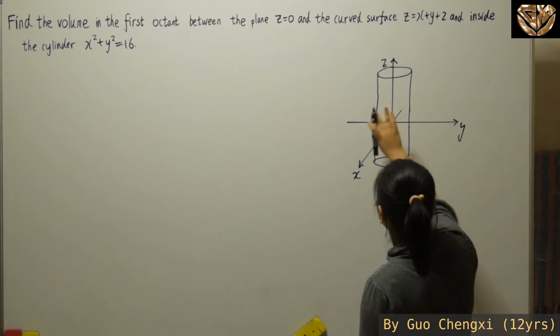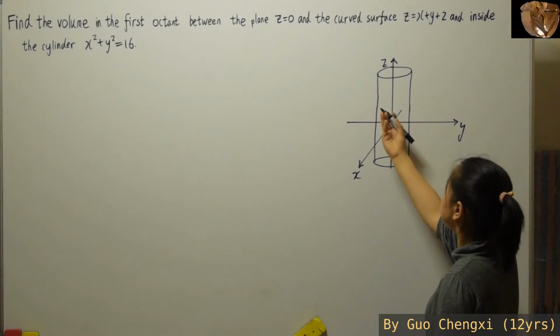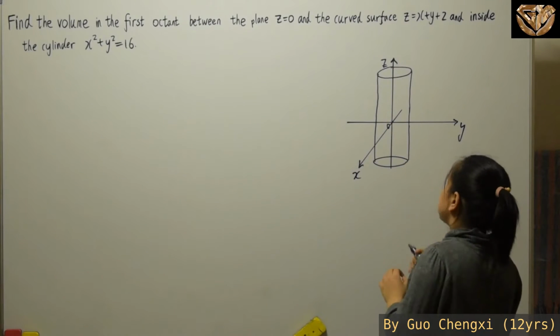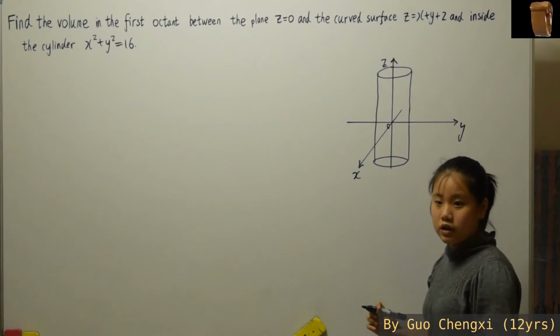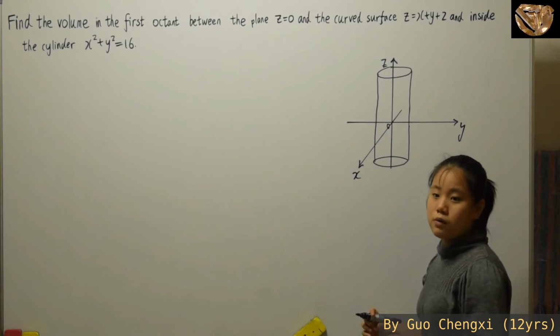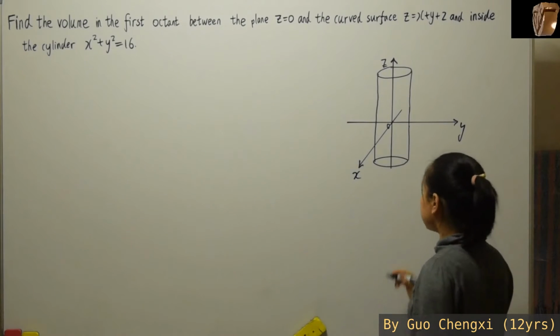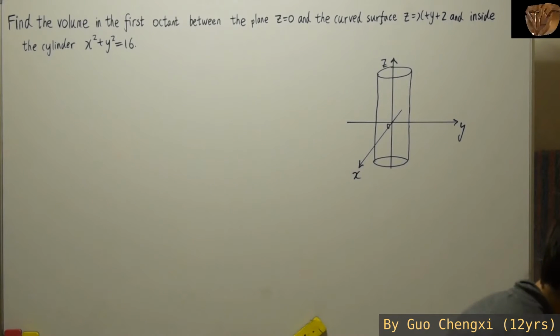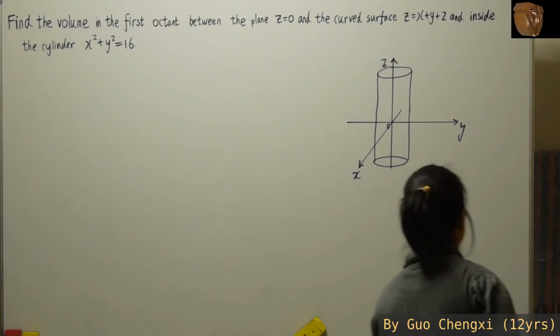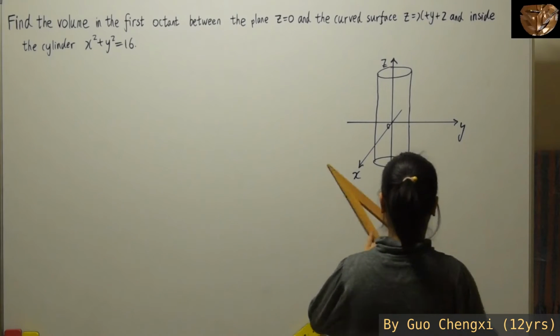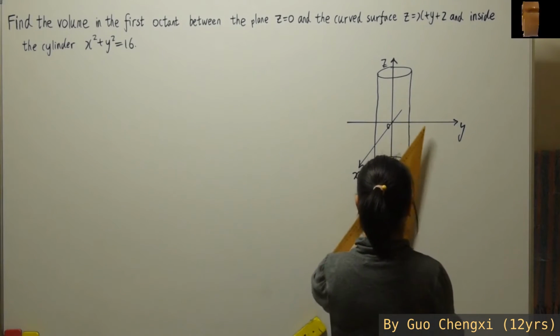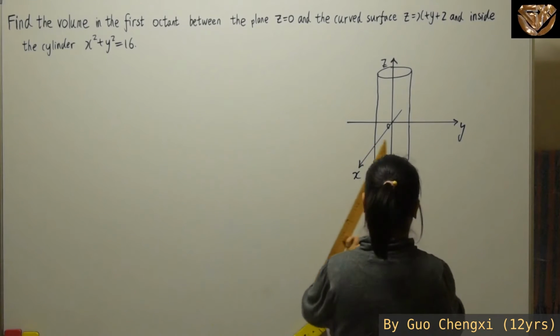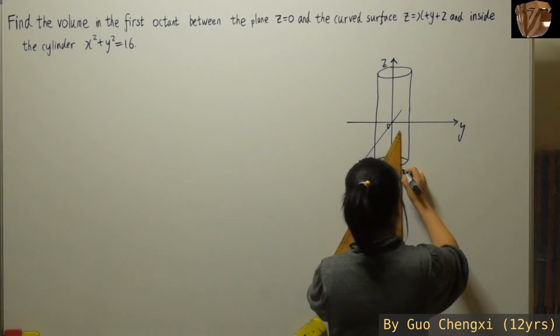And the curved surface over here, this part, is z equals x plus y plus 2. We also have our x and y, which is the circle part, x squared plus y squared is equal to 16.